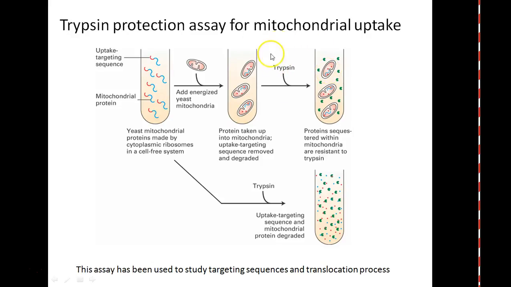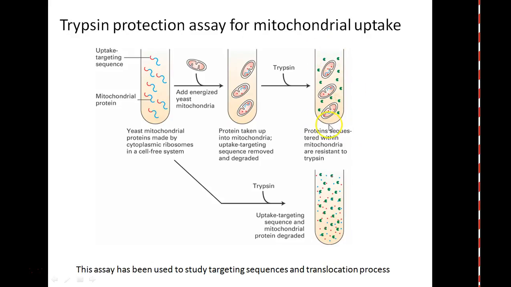And so what's going to happen when you add trypsin is that all of the protein that could not be imported successfully will be degraded, and only the protein that was imported successfully will be protected. Here, this trypsin, shown as green, is going to degrade all of the protein outside.